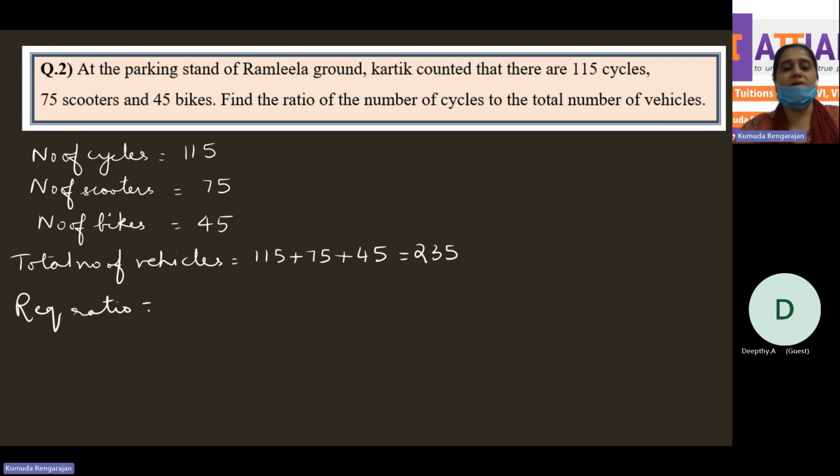What is to what? The required ratio is equal to? How many cycles? 115 is to 235. Very good. Put it in the simplest form.